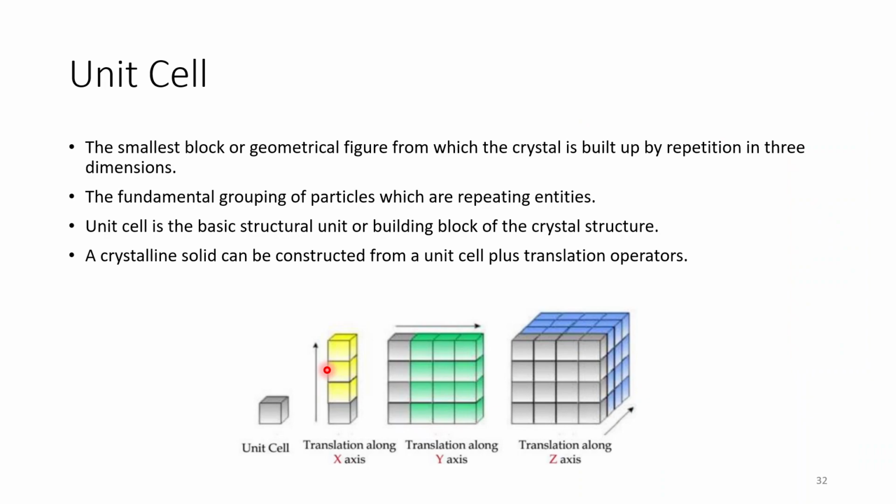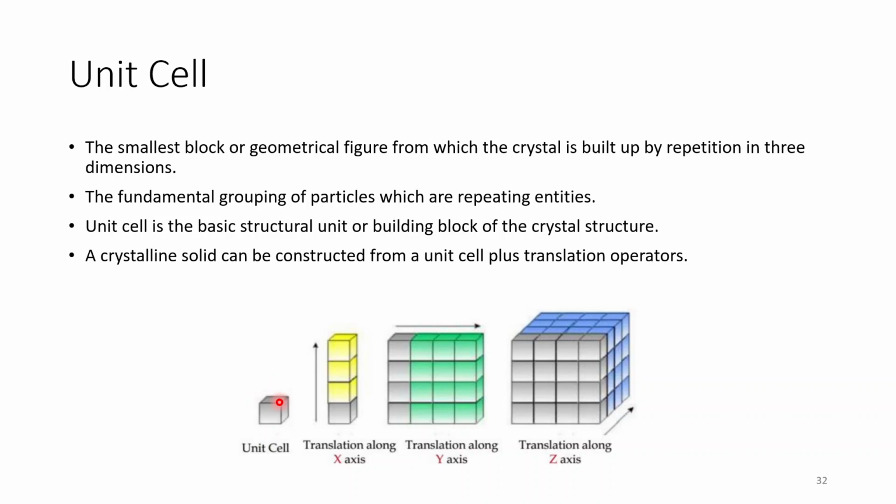Next you have unit cell. So unit cell is the smallest block or geometrical figure from which the crystal is built up by repetition in 3 dimensions, and the fundamental grouping of particles which are repeating entities. Unit cell is the basic structural unit or building block of the crystal structure, and a crystalline solid can be constructed from a unit cell plus translation vector.